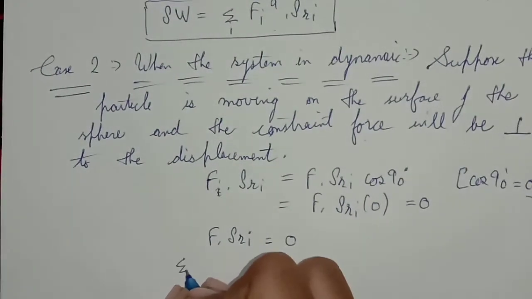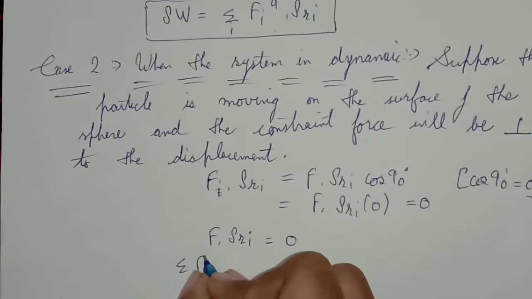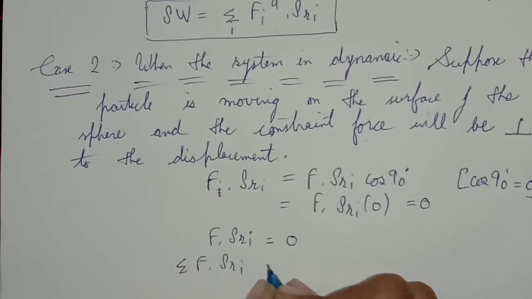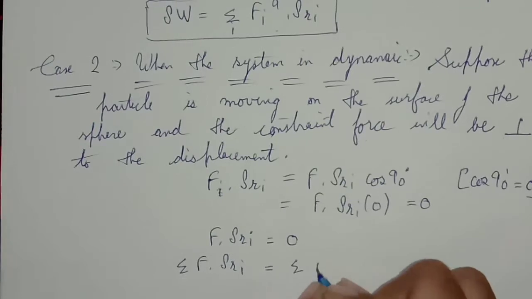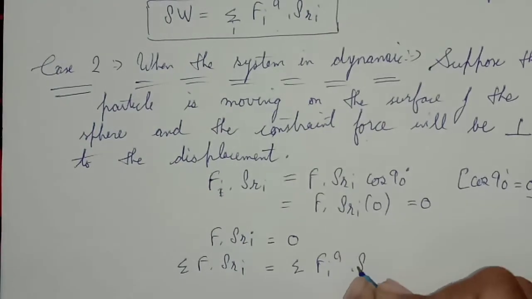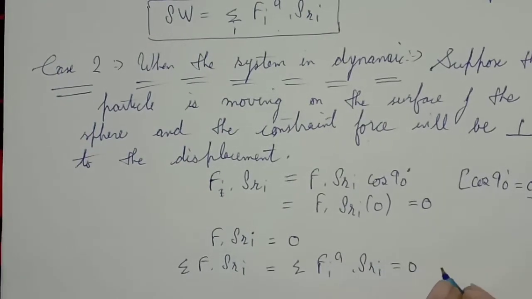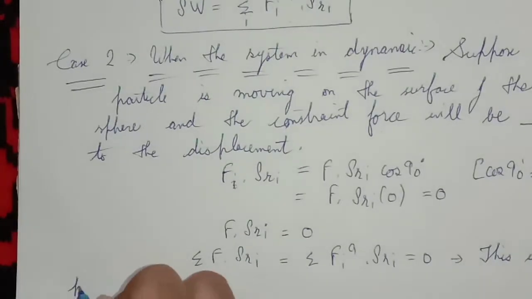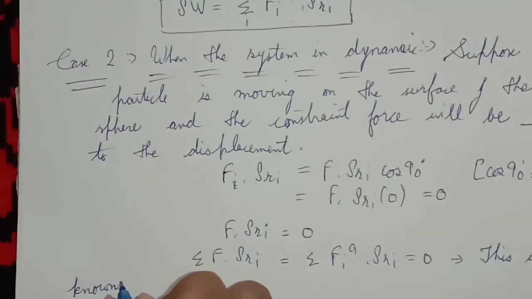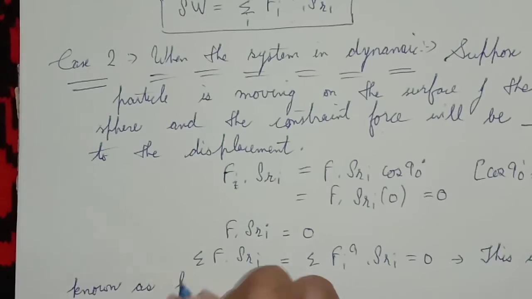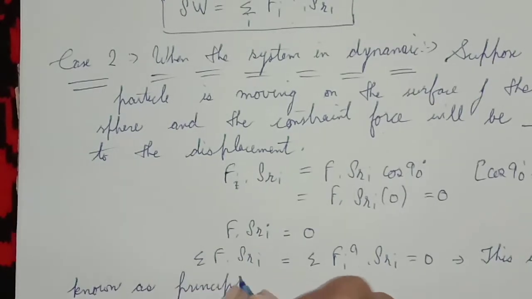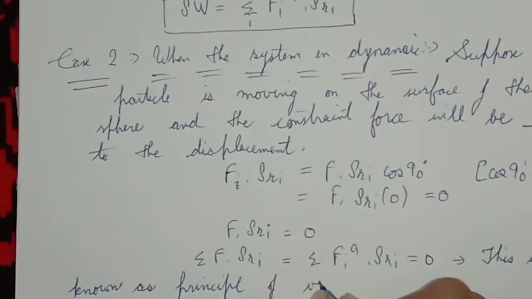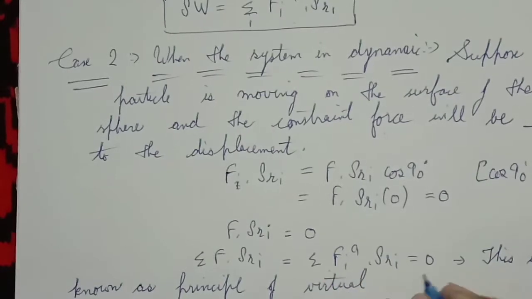So we write this equation in summation form. We get summation F dot delta Ri, which equals summation applied force dot delta Ri, equals 0. So this is known as the principle of virtual work.